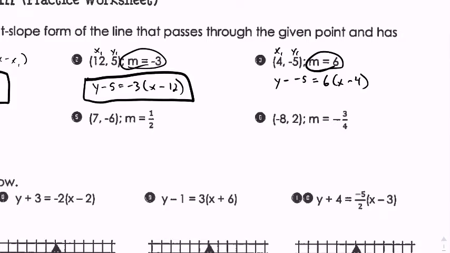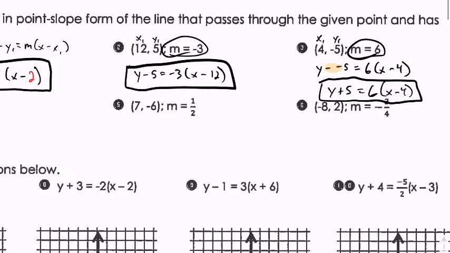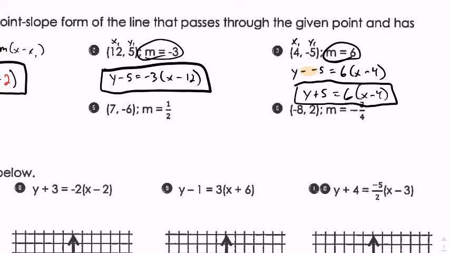Here we do have double negatives, so that becomes y plus 5, and that equals 6 times x minus 4. Okay, continuing on, and I already see a little mistake right there because I just crossed out that 3, and we need to see that later.